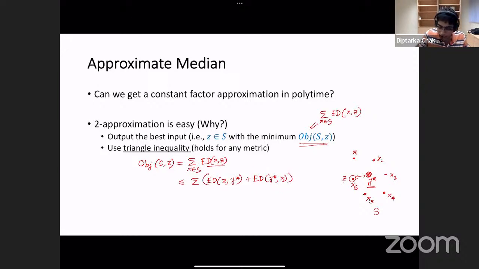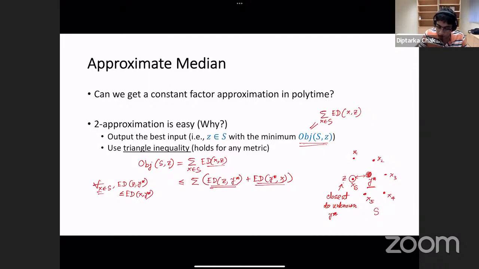Okay. And now what do I consider? So z is the closest to this unknown y star. So then I know that this quantity is definitely smaller than or equal to this quantity, right? Because just by the definition of closest, I know that for all x in S, the edit distance of z to y star is at most the edit distance of x to y star.